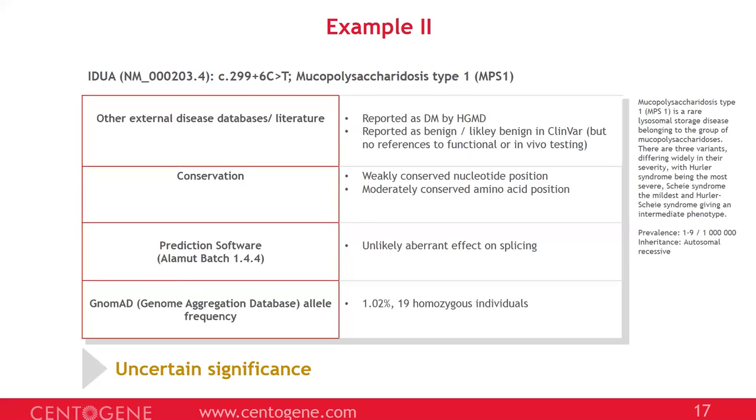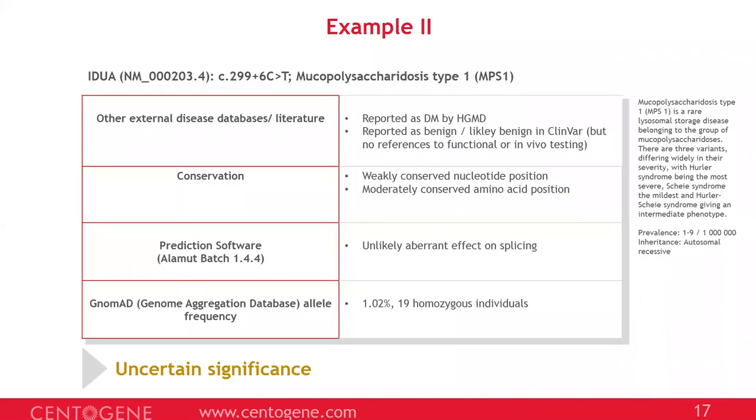The conservation: a weakly conserved nucleotide but a moderately conserved amino acid. From the prediction software we used came an unlikely aberrant effect on splicing. And from gnomAD came the information that 19 homozygous individuals are detected with a frequency slightly higher than 1%.